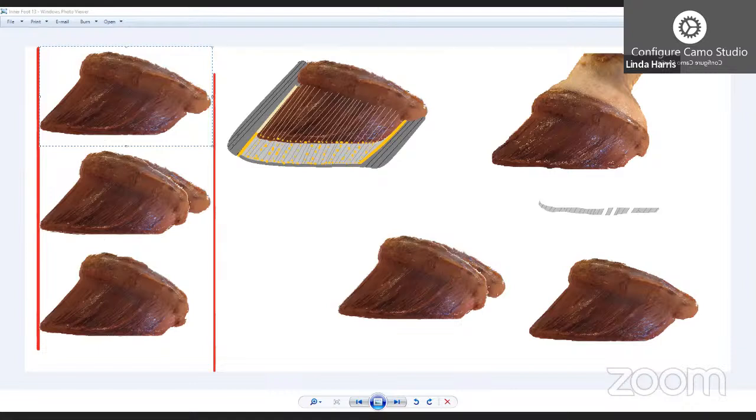I'm looking for these videos I did of when these horses had another sole growing under a sole that had become detached.